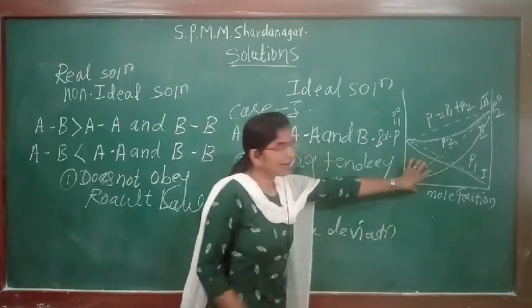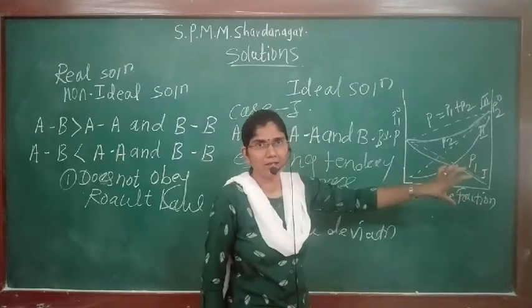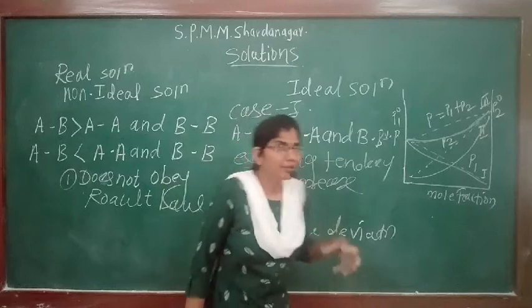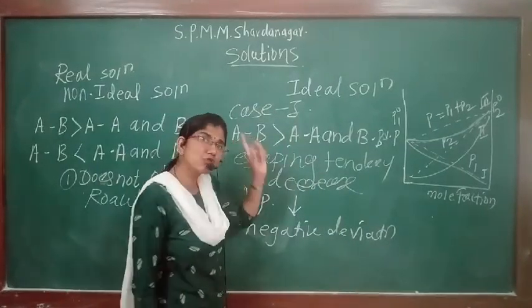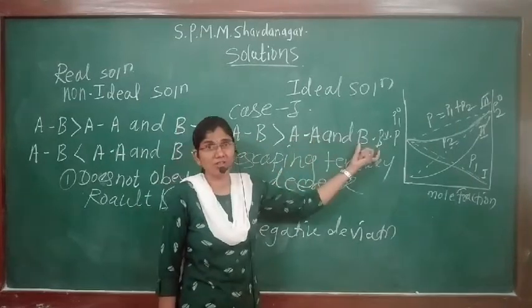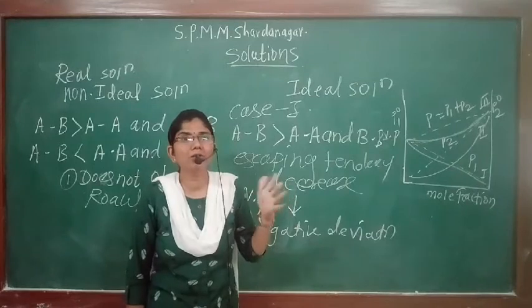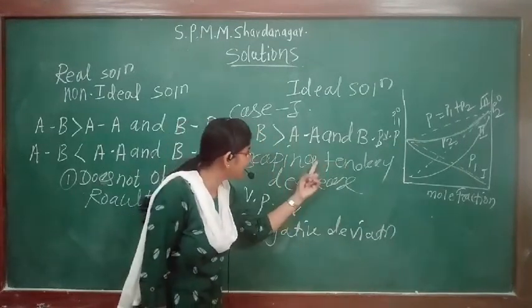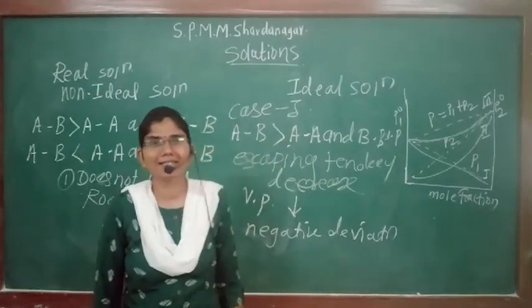Because the graph of the ideal solution obeys Raoult's law, but there is some deviation from Raoult's law. If the interaction between these two molecules, solute-solvent, is stronger than the solute-solute and solvent-solvent interaction, then it does not readily go into the vapor state. Therefore the escaping tendency decreases, and the vapor pressure also decreases.